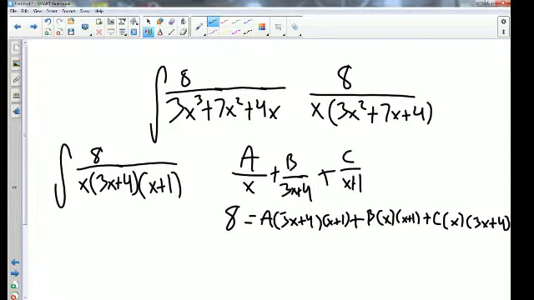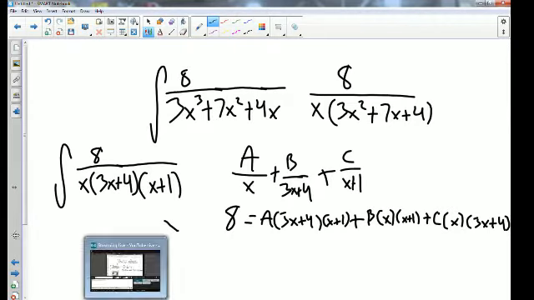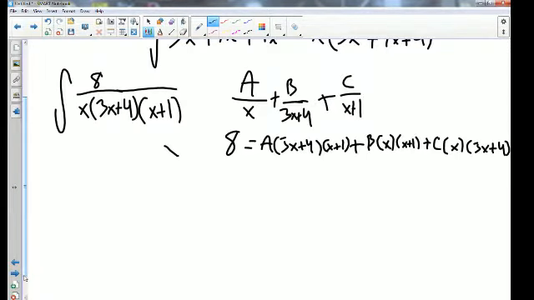So in this case, to find b, you want to set x equal to negative 4/3. And once you do that, when you plug it in, you'll get rid of a and you'll get rid of c, because they're the ones that have 3x plus 4.